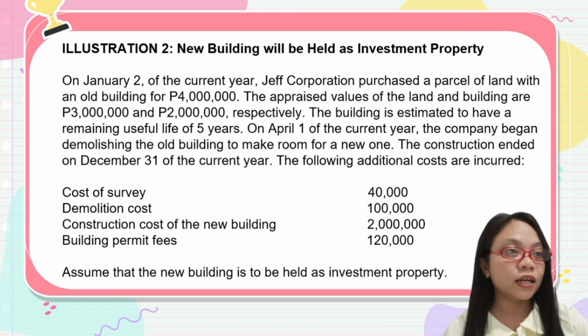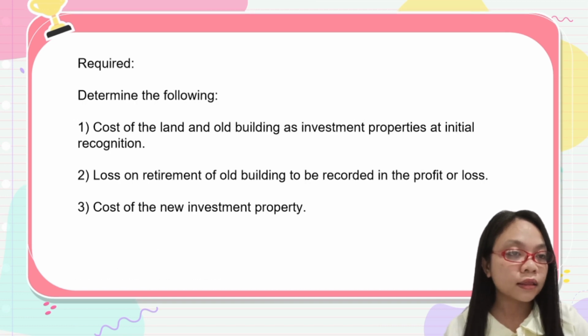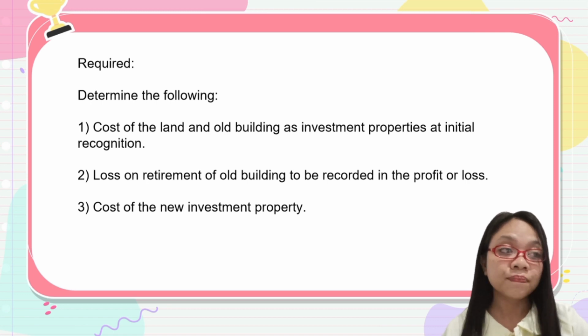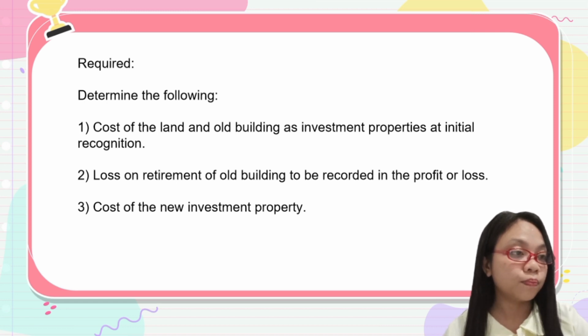As you can notice, it is still the same problem and the only difference is our assumption that the building is to be held as investment property. So, the requirements of this problem are number 1, cost of the land and old building as investment properties at initial recognition, then loss on retirement of old building to be recorded in the profit or loss, and the last requirement is to find the cost of the new investment property.